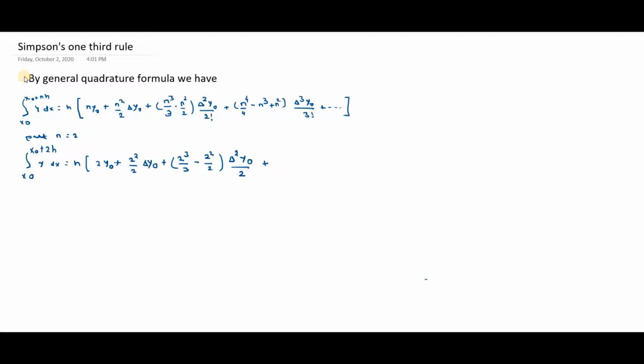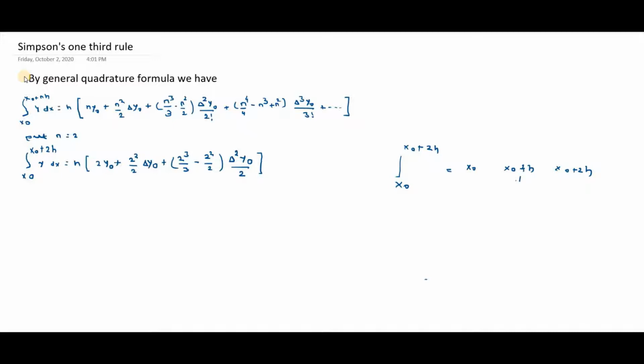But see here, in this case we can write only 3 terms as this integration contains only 3 terms. The integration runs from x naught to x naught plus 2h, which means it has 3 values: the first is x naught, the second is x naught plus h, and the third is x naught plus 2h.